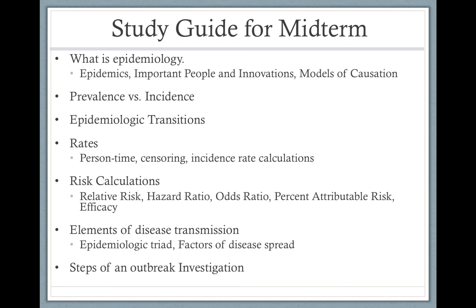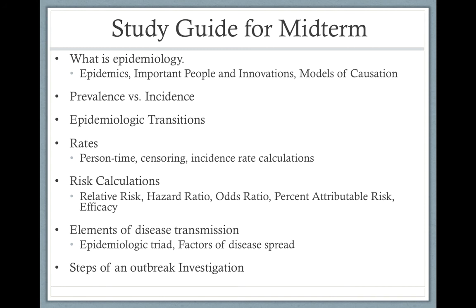Then I want you to talk about the elements of disease transmission from the epidemiological triad, the factors of disease spread, all that stuff we talked about with the plague game. And then the steps of the outbreak investigation. This is pretty general. If you have any questions, please feel free to email me.